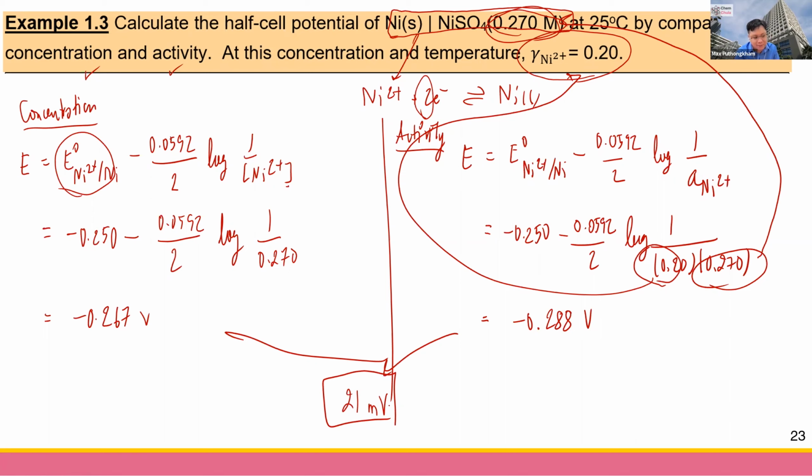That's why sometimes you see people use just concentration, and some people use activity as well, especially when you work with high concentrations. 0.2 I think is high enough. But if you work with something like millimolar, it's not high, it's fine. This is just to demonstrate. Again, I don't test this in the exam or in any question, but it's good to know anyway.